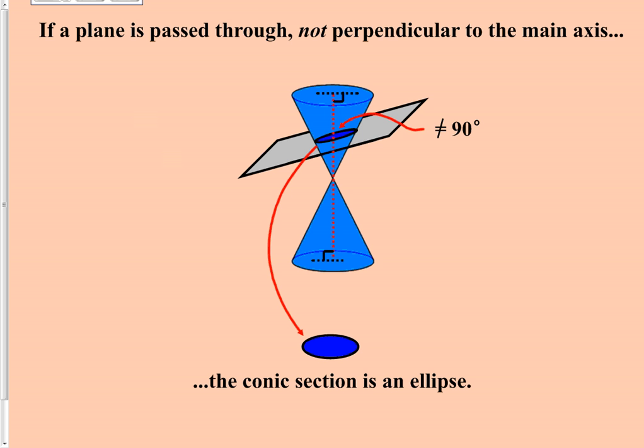What's going to happen is one of the axes of the circle is elongated, longer than the other, and you end up with your circle being stretched into what we call an ellipse. And obviously, as the plane tilts further and moves up and down through the double-napped cone, you will end up with one axis being stretched further or one axis being shorter, and those axes growing and shrinking.